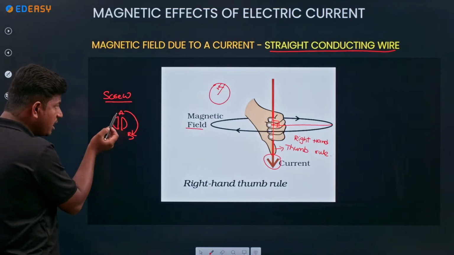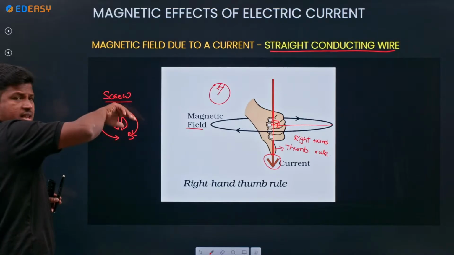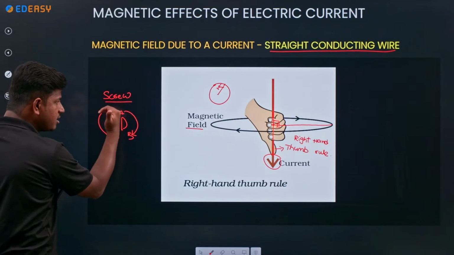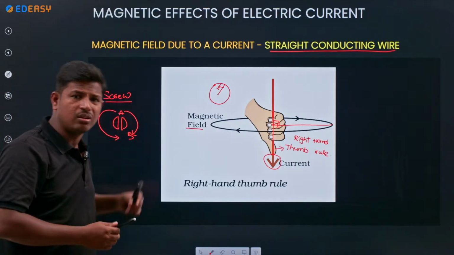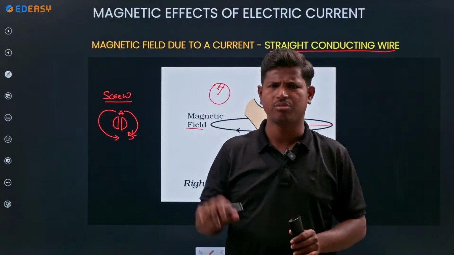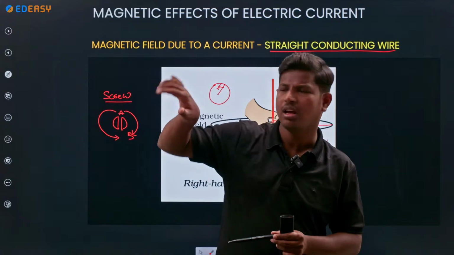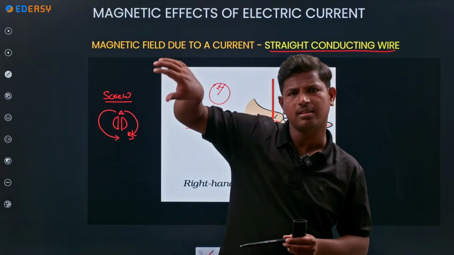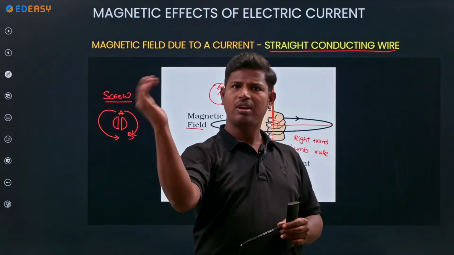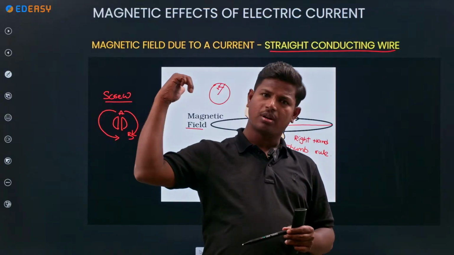Or else if I turn it in the anti-clockwise direction, the screw will come outside. So remember, the right hand thumb rule and the screw rule are both the same. Screw going inside is the direction of the current, and the magnetical field is like this. If the screw is outside, how will it be? Now we have to turn the screw to the left side, so it is coming out.